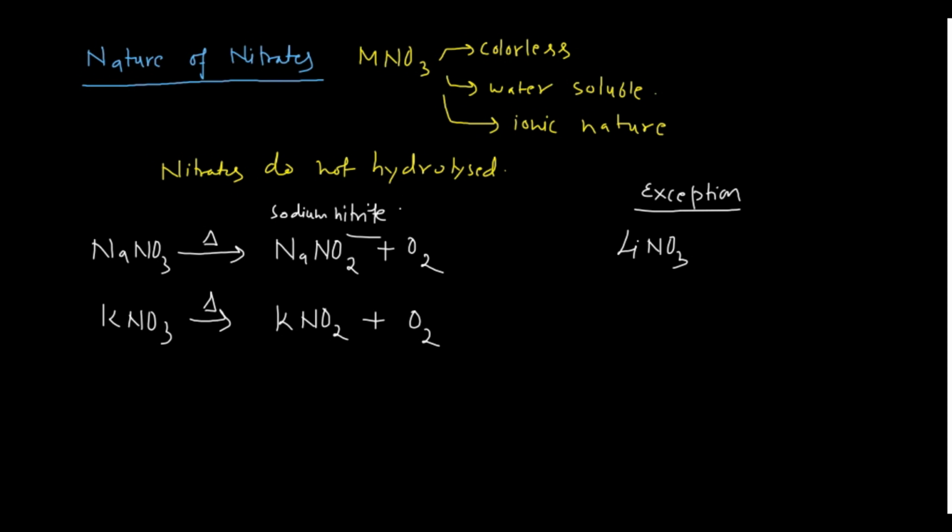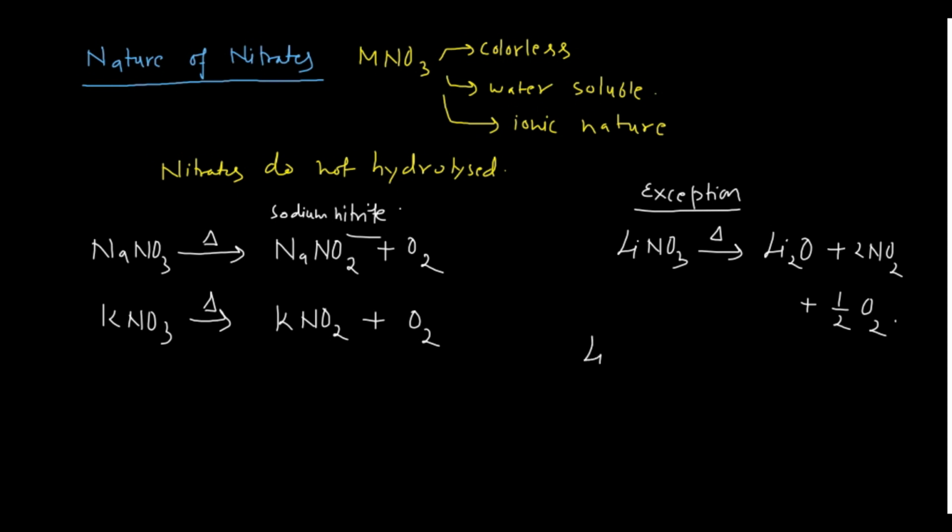If you heat lithium nitrate, okay, then it will give you lithium oxide, Li2O, and 2 of NO2 will be removed along with half of oxygen. So this is something very, very important. So why actually does this happen? Basically it is due to the high polarizing power of the lithium ion.